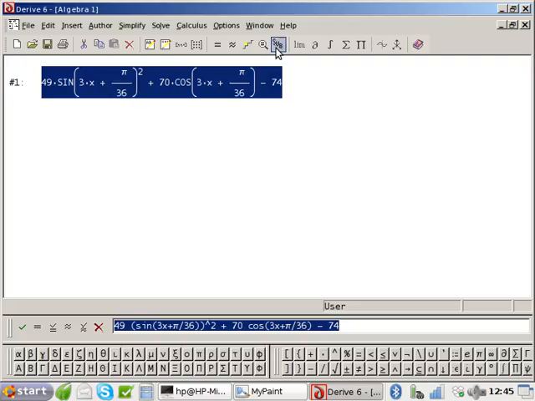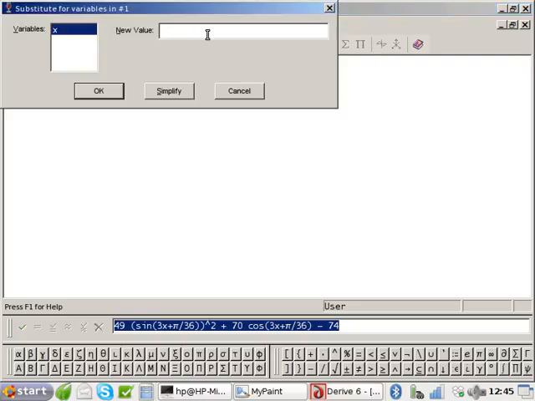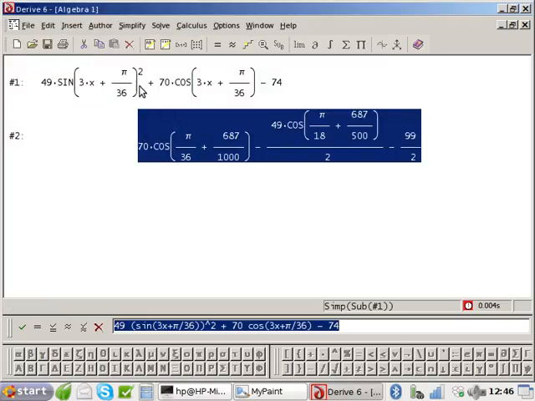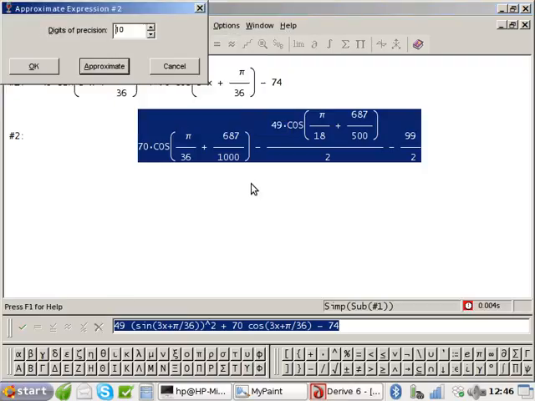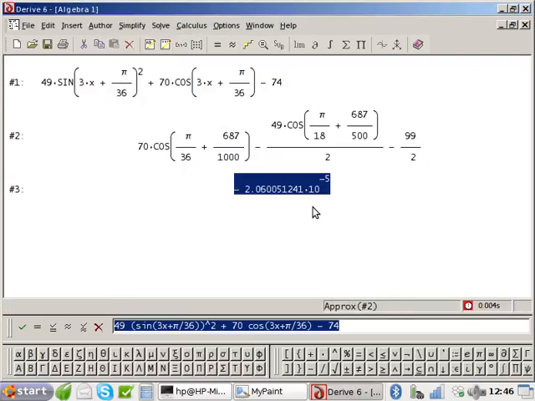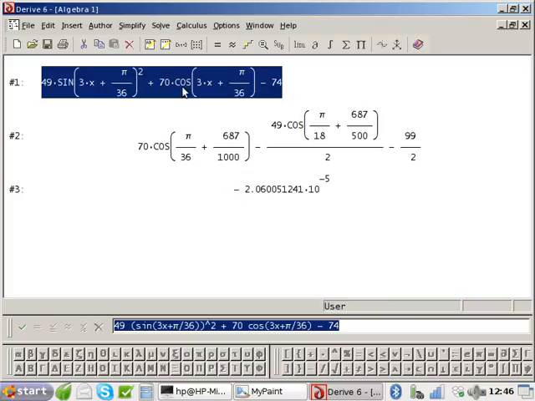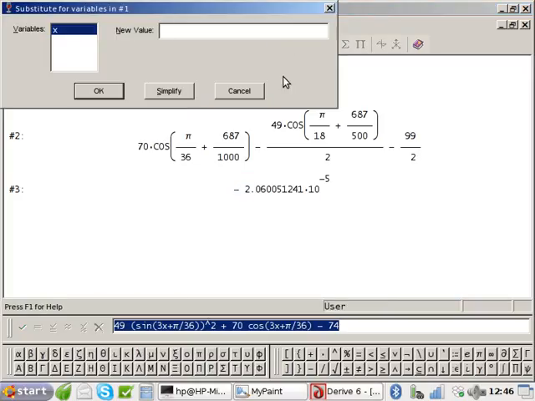Okay, what was my first answer? 0.229? Really close to 0. 10 to the minus 5 means 0.00002. So this is good. Next answer? 1.80.